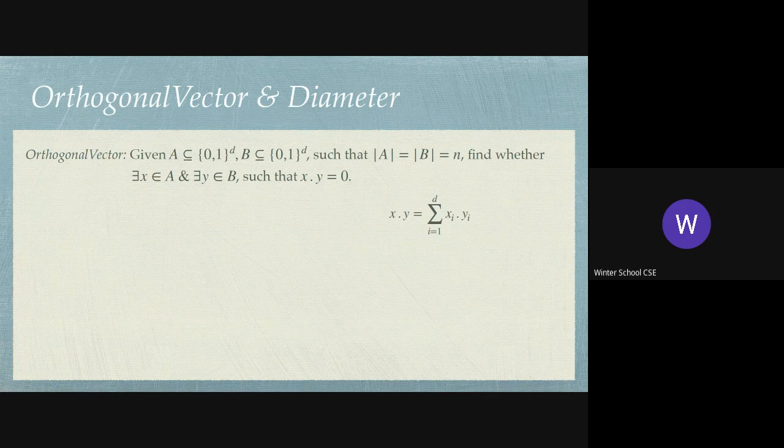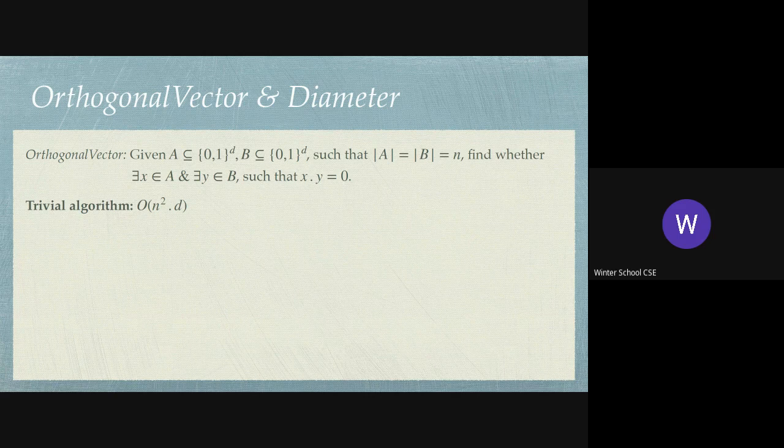How many pairs will be there? n squared. And for every pair, you'll be doing some d many operations. So you have n squared many pairs, and for every pair you are doing some order d many operations. So your trivial algorithm will run in order n squared multiplied by d.